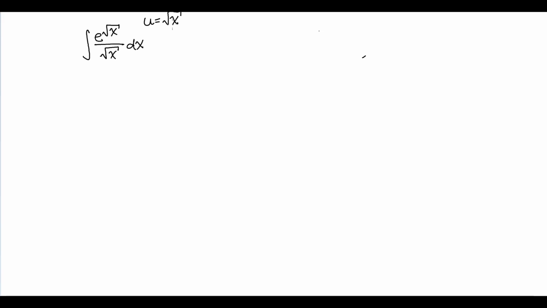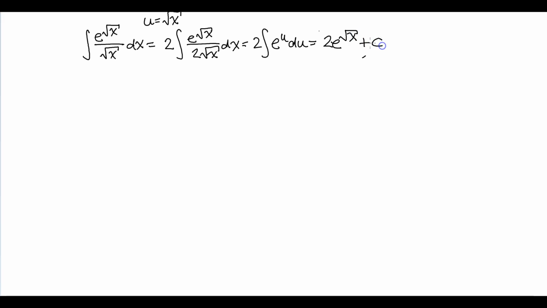You already have a root x in the denominator, so you can introduce the 1/2 by multiplying the integral by 2. Now you have 2 times e to the u du, which equals 2 times e to the root x plus c. See, not that difficult.